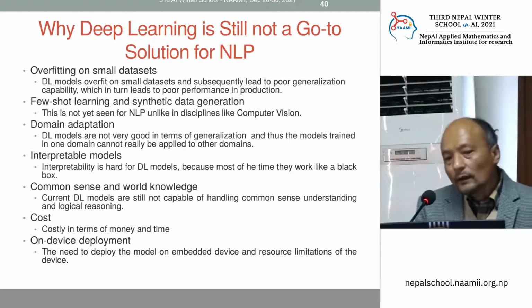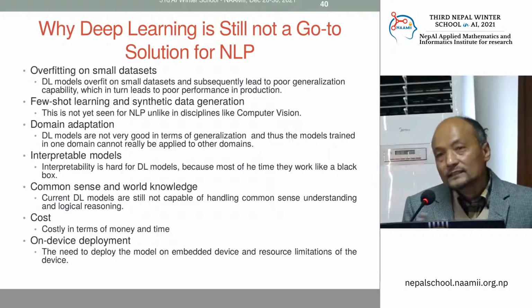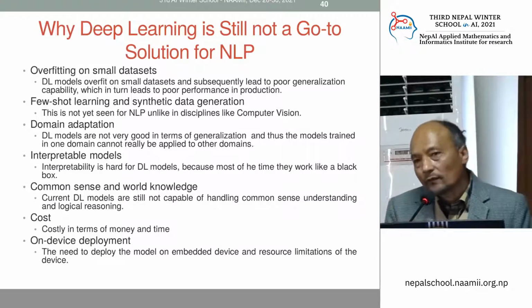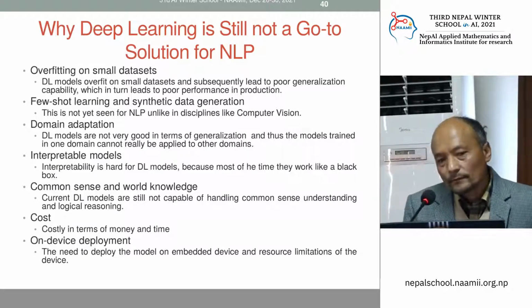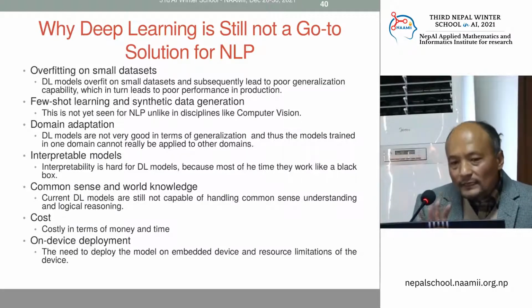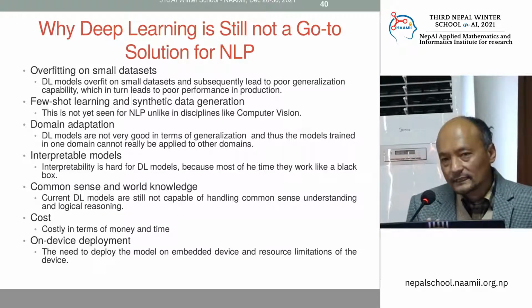But there is a discourse that deep learning is still not ripe enough to solve all NLP problems, and let's look into some of the reasons why this is the case.